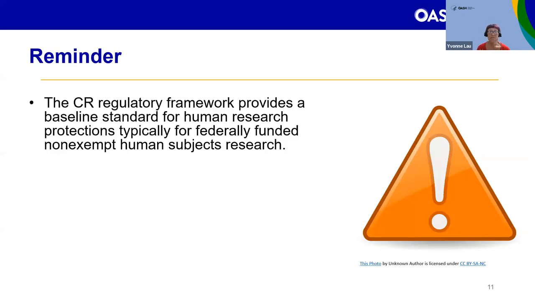So here's a reminder. The Common Rule regulatory framework provides a baseline standard for human research protections, typically for federally funded non-exempt human subjects research. For those of you who are familiar with the Common Rule, it really typically applies to non-exempt human subjects research. And we asked typical standard questions, in the order laid out that we recommend, to determine whether something is non-exempt human subjects research, right?